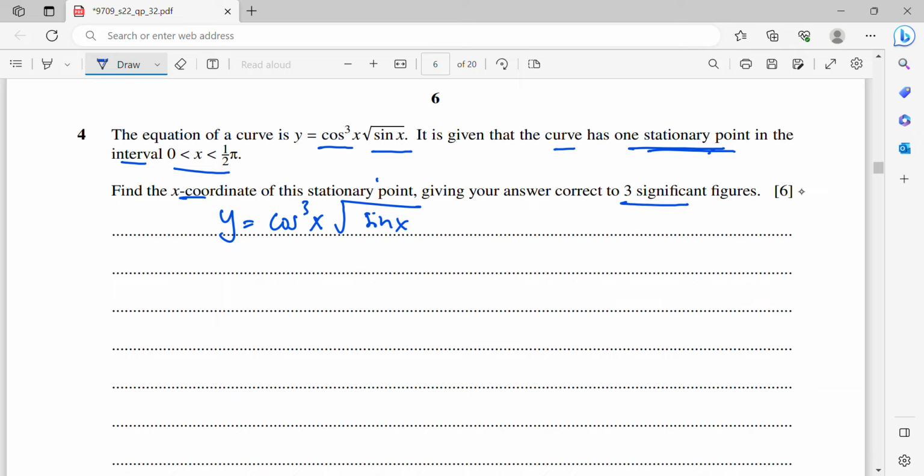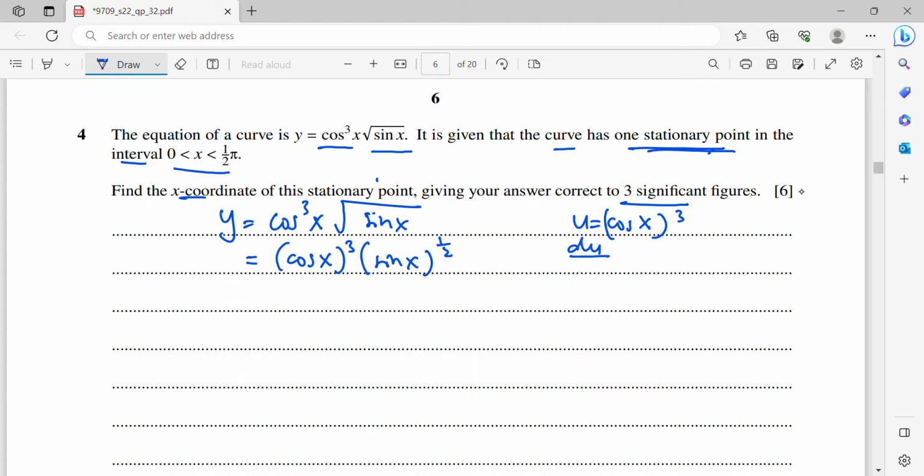So first of all, we need to differentiate. But before that, I will change this to another form. Cos cubed x is the same as the cube of cos x. Then the square root of sine x is the same as sine x to the power of half. Now I will let my u be cos x to the power of 3.